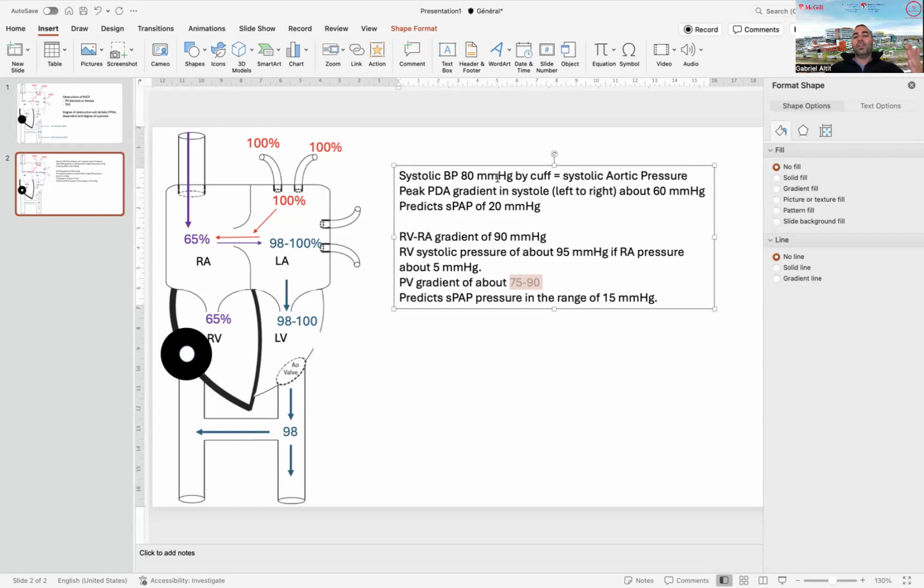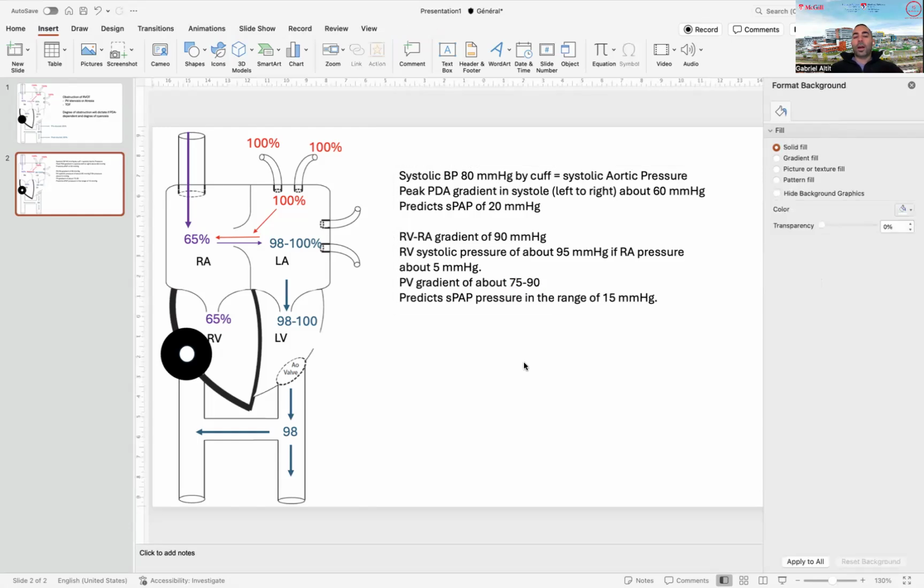So we're getting into ranges of 15 to 20, which is considered normal at around 2 to 3 months of age. We locally use a cutoff of 35 to 40 millimeters of mercury as something that raises concern in terms of high systolic pulmonary arterial pressure.